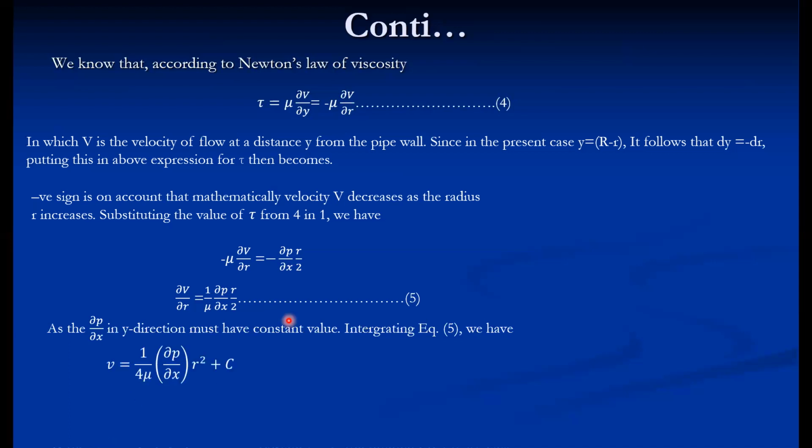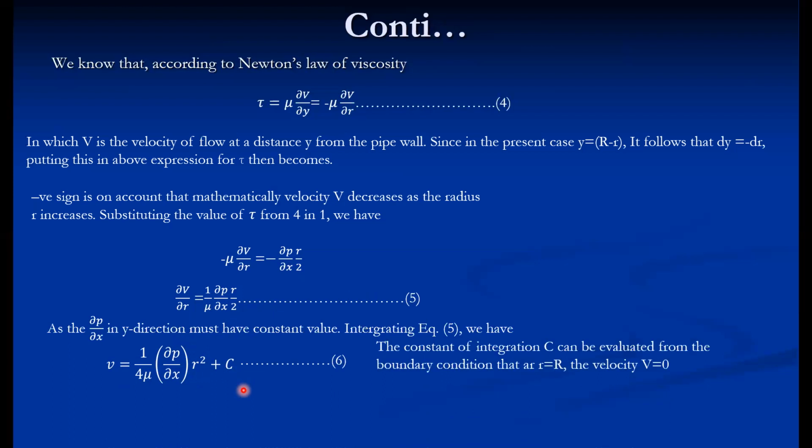So integrating equation 5, we get small v equal to 1 upon 4 mu, ∂p/∂x, r square plus C. Integration of r is r square by 2. This is equation number 6.